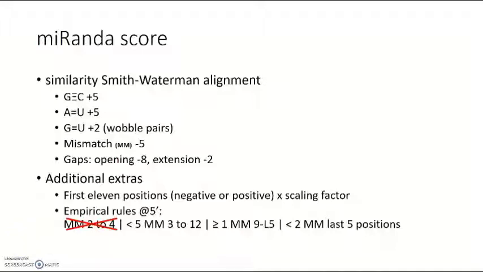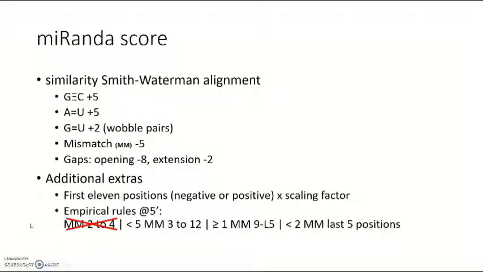For instance, mismatches at the 2nd to the 4th nucleotide aren't allowed. Neither are more than 5 mismatches allowed ranging between nucleotides 3 to 12. However, 1 or more mismatches are allowed between nucleotide 9 and 5 from the end, ranging over the entire length of the microRNA fragment.